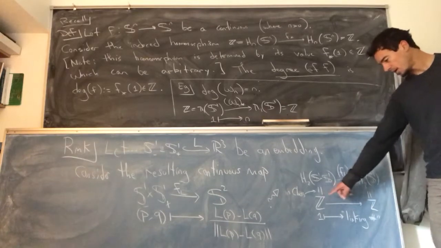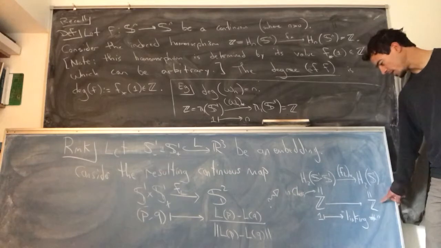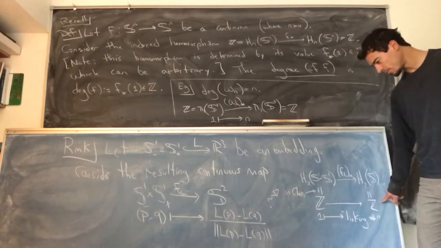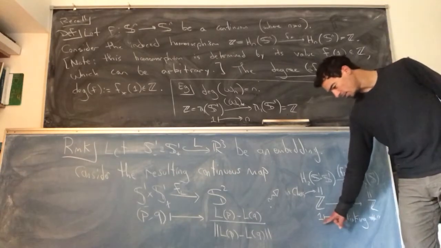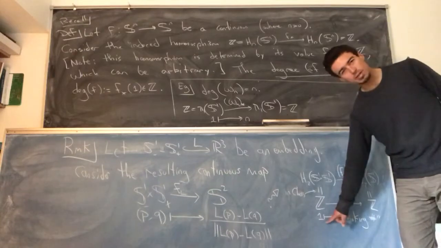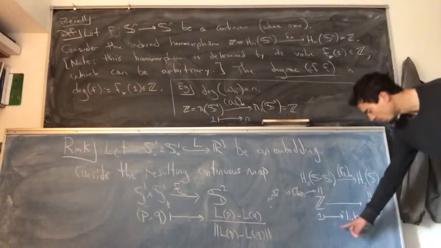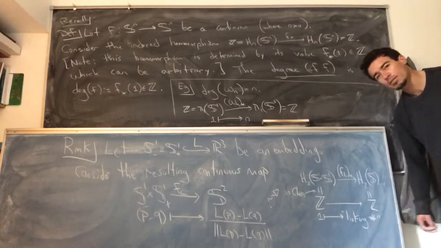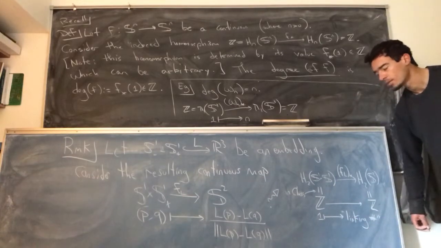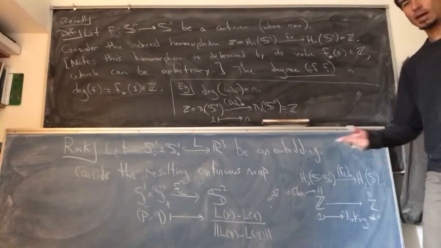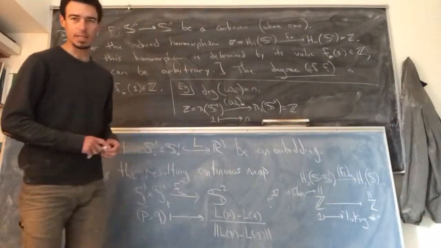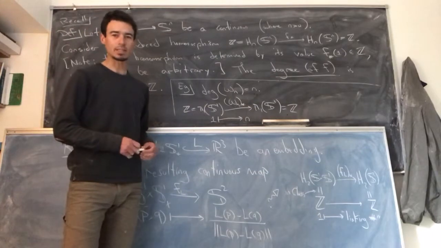So there is then a homomorphism from the integers to the integers, and again, such a homomorphism is determined by its value on 1. And the value on 1 is what we call the linking number. And there will be an exercise which is to compute the linking number of a couple examples of links.